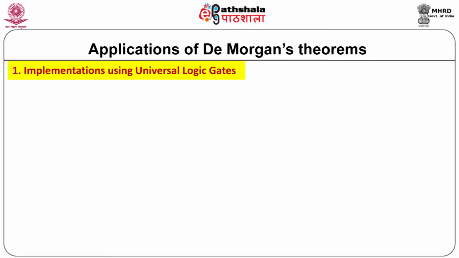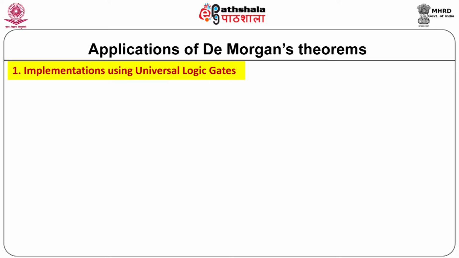Let us now see the applications of De Morgan's theorem. The first simple application of De Morgan's theorem is to implement universal logic gates. NAND gate can be used to implement basic logic gates like NOT gate, AND gate and OR gate.